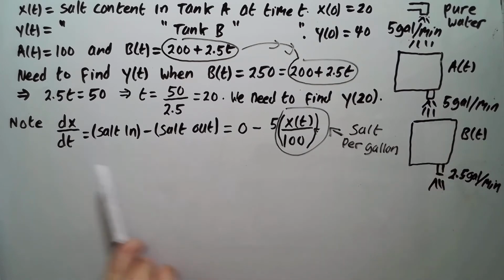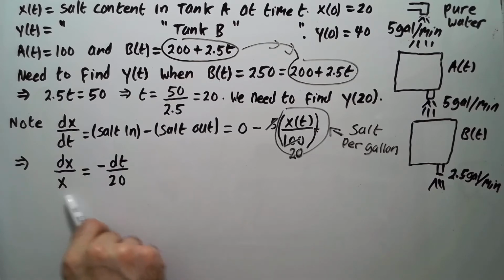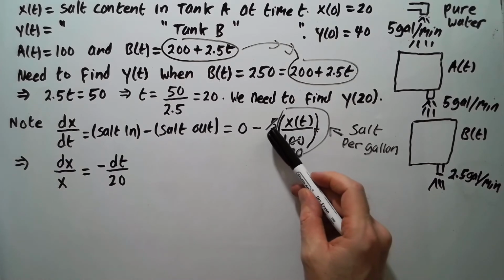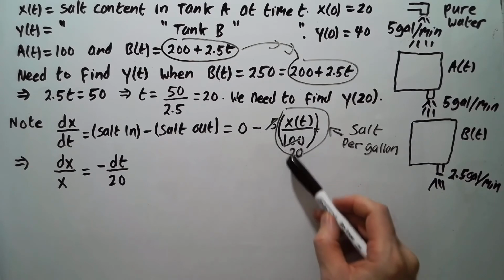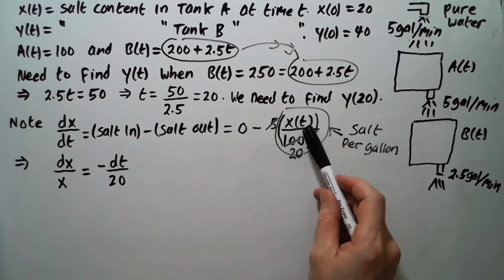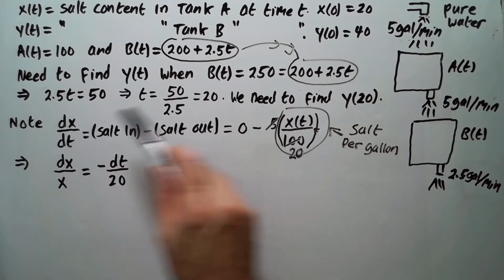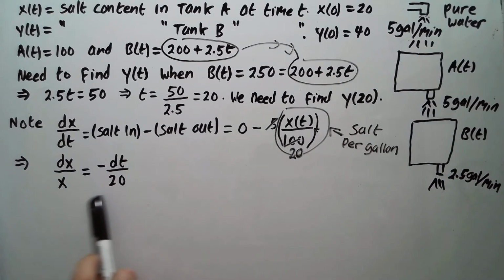Okay, now this is a separable differential equation. We can solve it then. I've separated the variables here because the 5 goes into 100, so this will be negative 1 over 20 here. I'm just writing x for x of t. I divided both sides by x and multiplied both sides by dt to separate the variables like this.